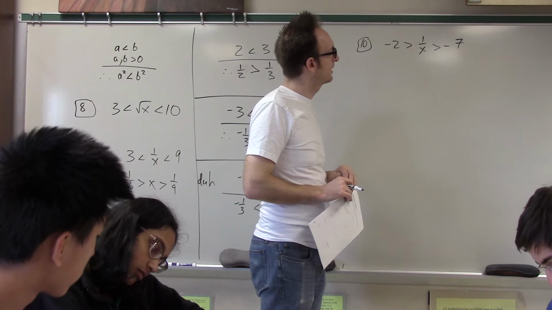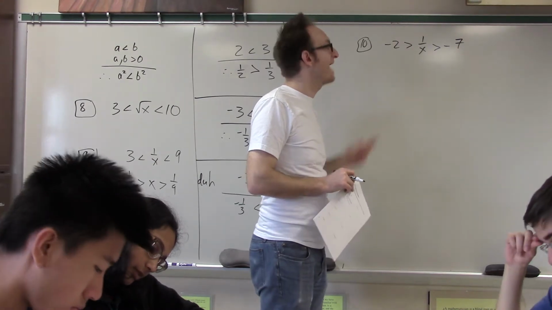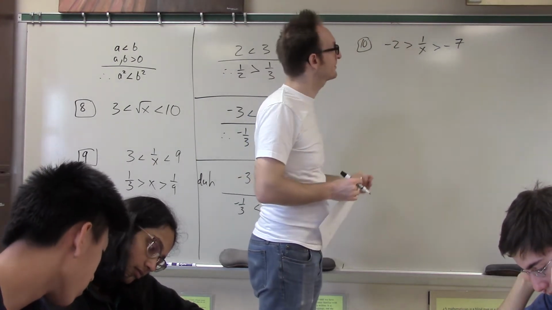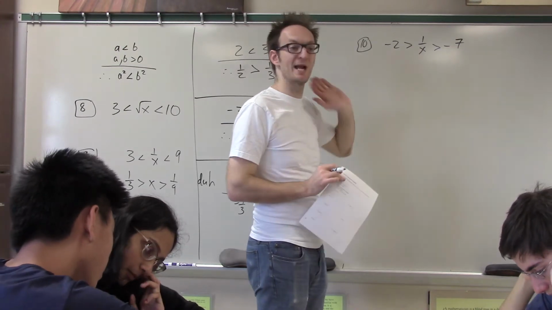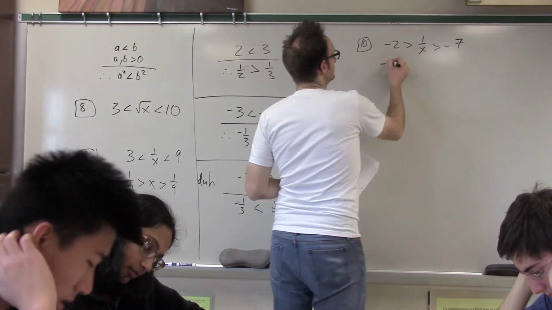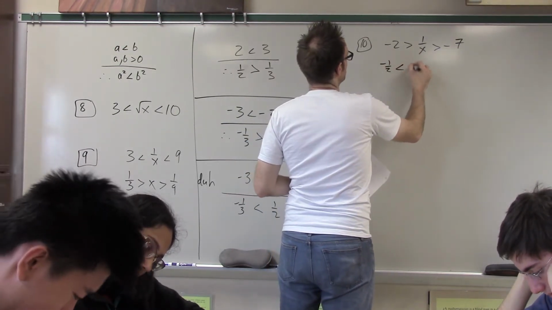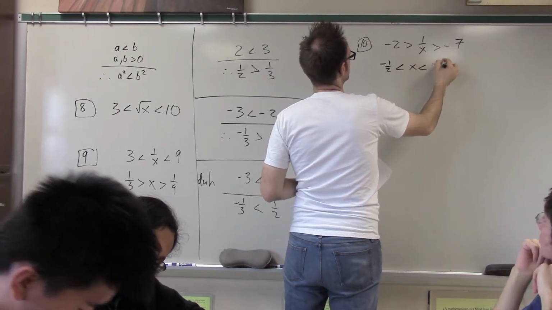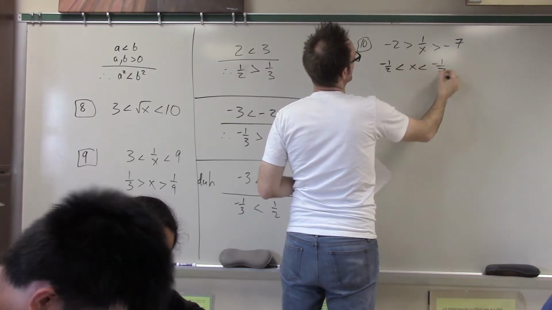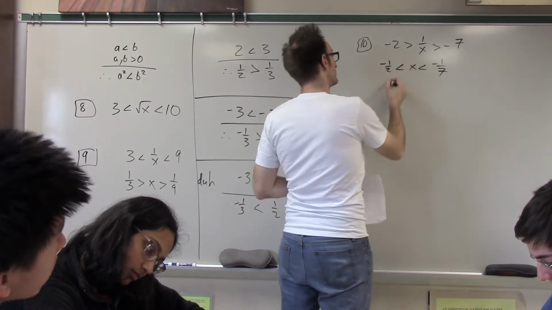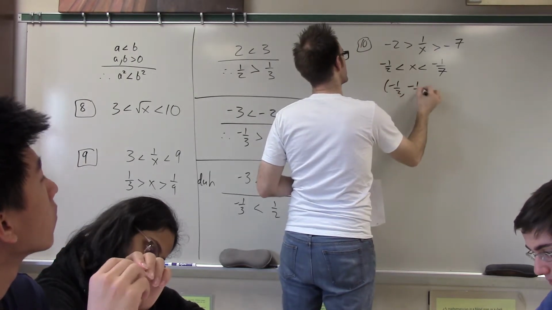Therefore you could multiply through by a negative and flip the sign, or you could just reciprocate as is, right? You guys with me? Yeah. So it's everything from -1/2 to -7.